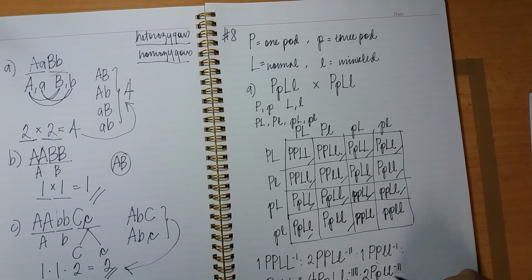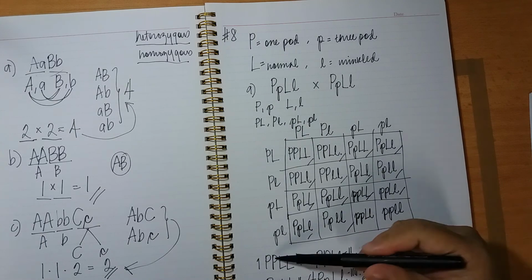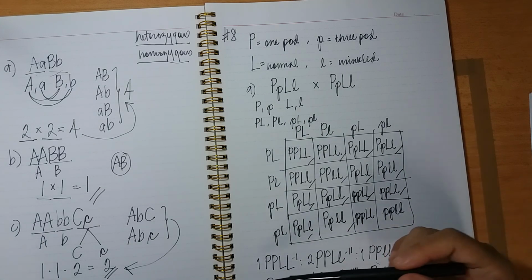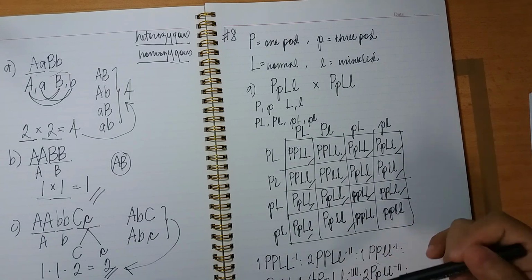Heterozygous for P, homozygous recessive for L is 2. Mahaba-haba yung ating ratio. 1. Small p. So, homozygous recessive for P, homozygous dominant for L is 2. Homozygous recessive for P, heterozygous for L is 2. 1. Homozygous recessive for P, homozygous recessive for L is 1. Okay. So, yan yun. 1 is to 2 is to 1 is to 2 is to 4 is to 2 is to 1 is to 2 is to 1.